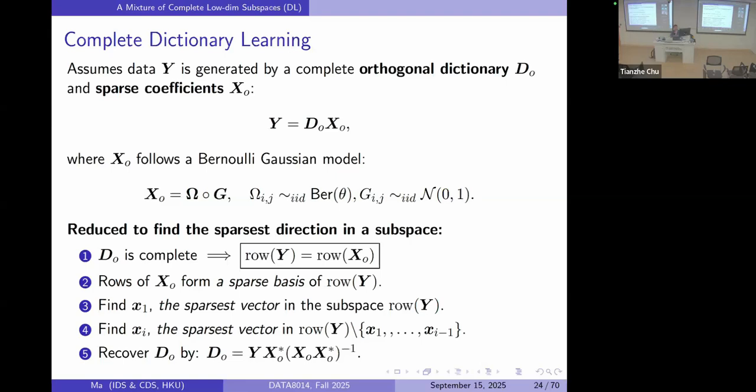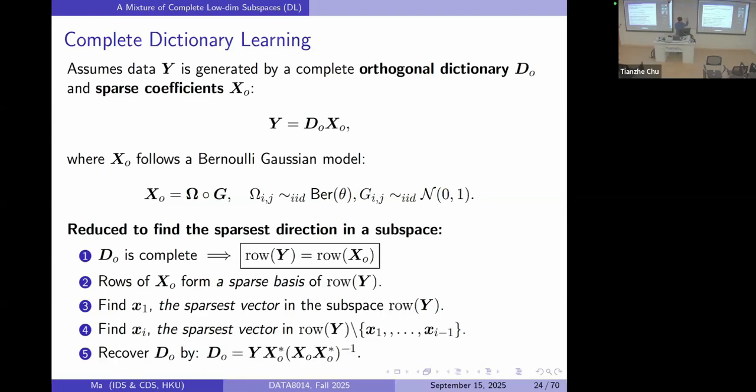So the question is, notice that x is sparse. Then y could be very fat. Both x and y could be like this, very fat.